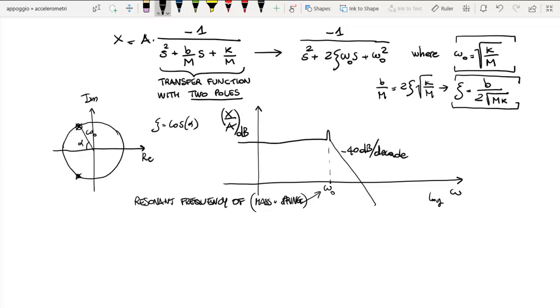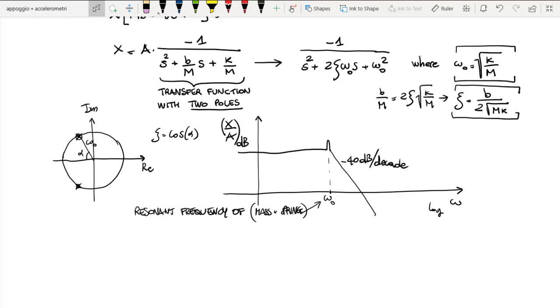From a practical point of view, if this is the rest position of the mass, which is the position that we have when there is no acceleration, then when there is some acceleration, the mass is moving this way and is oscillating at a certain average displacement with respect to the initial position.